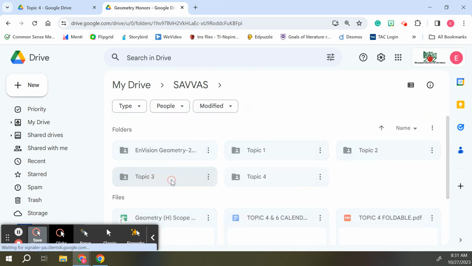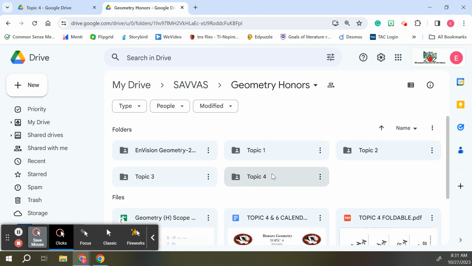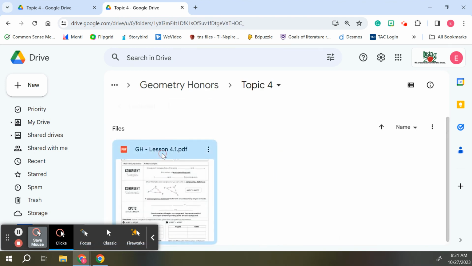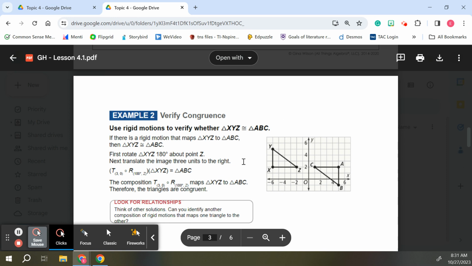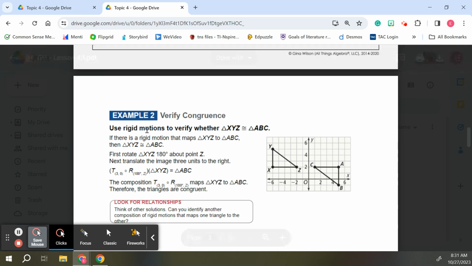All right, we do need to complete example 2 from the book because you're going to see something similar to that on your test. So it says verify congruence. Use rigid motions to verify whether triangle XYZ is congruent to triangle ABC. So rigid motion, again, what does that mean? Who remembers?